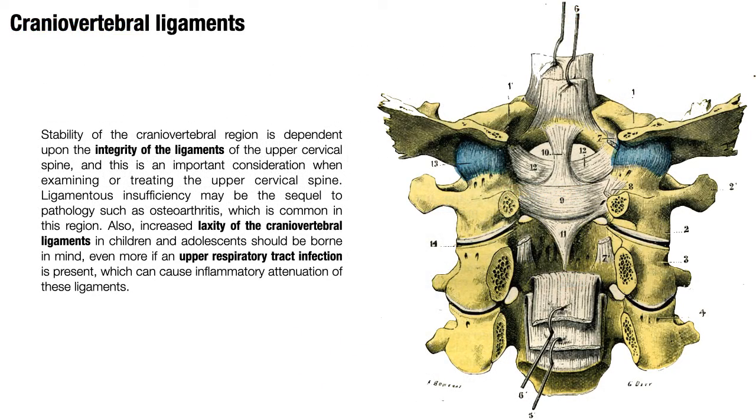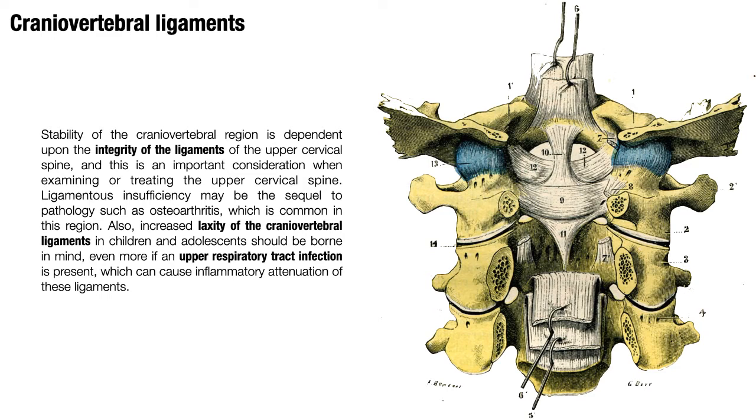Given the narrowness of this area and the weight of the head, integrity of the ligaments of the upper cervical spine is essential. Have in mind that osteoarthritis, for instance, is a common problem in this area and may cause insufficiency of these ligaments.